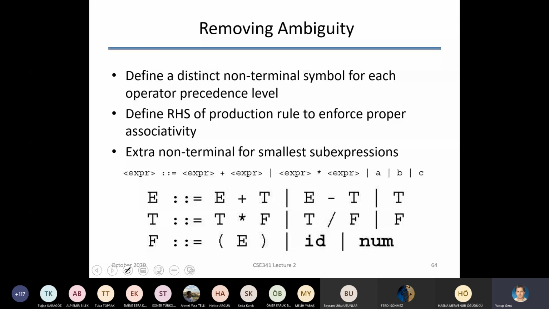So in the expression, this type of conflict, this ambiguity, is related at the end to the precedence level of the operator, which comes first, right?